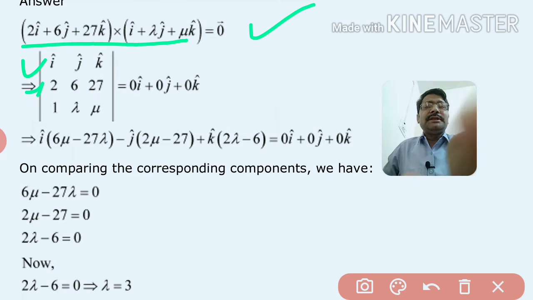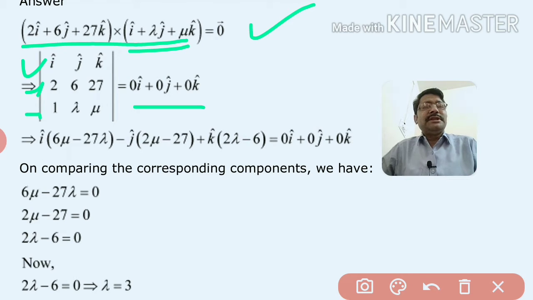First row will be i, j, k, the second row is 2, 6, 27, and the third row is 1, lambda and mu, that is equal to 0 vector, meaning 0i plus 0j plus 0k. Now you will expand this determinant by i. First row you will expand by i, and you get 6 mu minus 27 lambda.